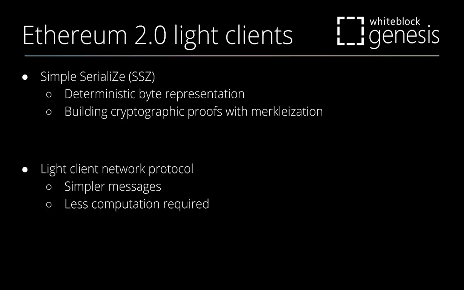It's a very simple byte representation that allows a deterministic byte representation of any piece of data, meaning that you are actually able to say that a certain index, a portion of the block data, is going to be formed from that element. That allows you, using a Merkle tree, to create a proof where you would be able to check that a portion of the block is present in the block just by knowing which index it is at in the block.